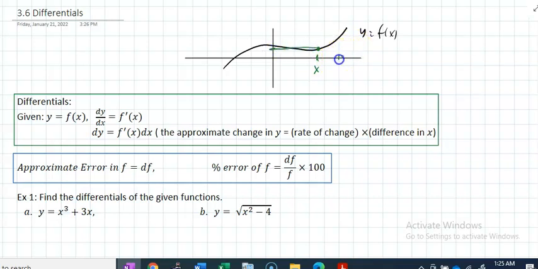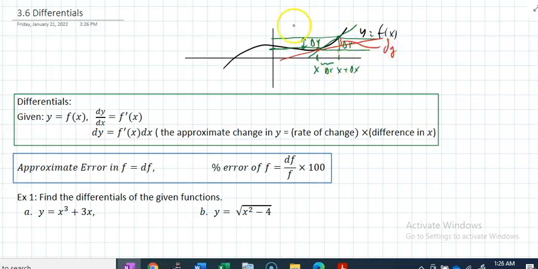And if we move to x plus delta x, so we move a small delta x, the change in y would be right there, that difference. So if I have to extend the line, that would be the change in y. If I draw a tangent line right there, dy will be this difference.